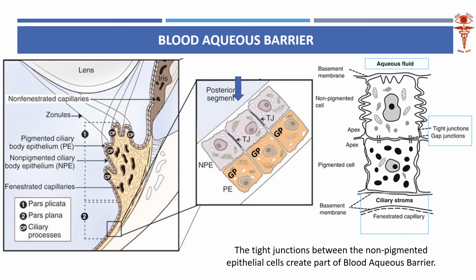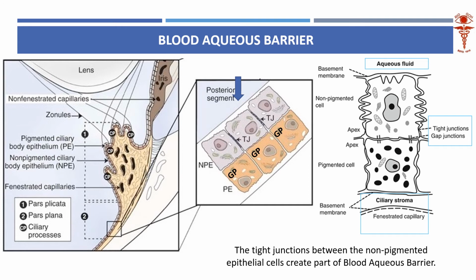Now you'll ask me, then what is this barrier? What is this blood aqueous barrier? Interesting question. Remember here that the ciliary body has two layers of epithelium. The inner layer is the non-pigmented epithelium, and the outer layer is the pigmented epithelium.